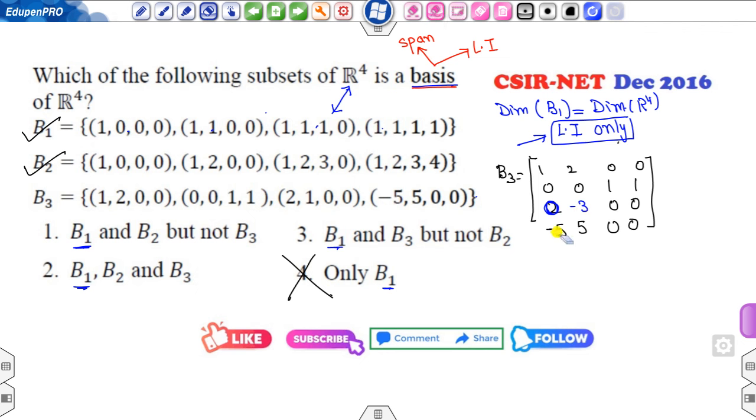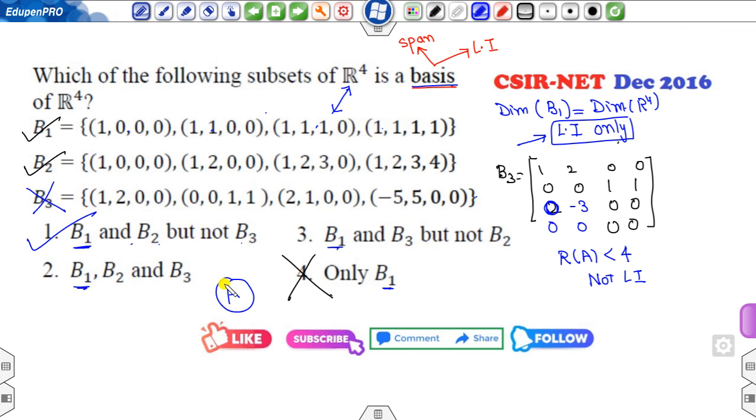Then this number will be 0. If I multiply by 5 and add, 10 plus 5 is 15. Now I can multiply this by 5 and then add, then this number will be 0. So clearly the rank of this matrix is less than the number of columns, which means it is not LI. B3 is not LI. B1 and B2 but not B3 is the right answer of this problem.